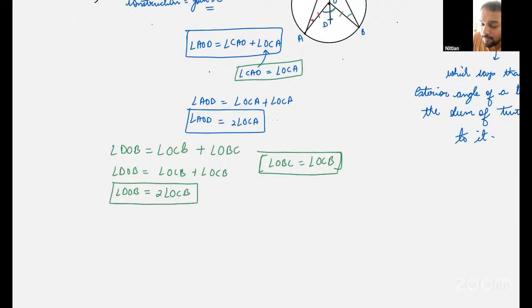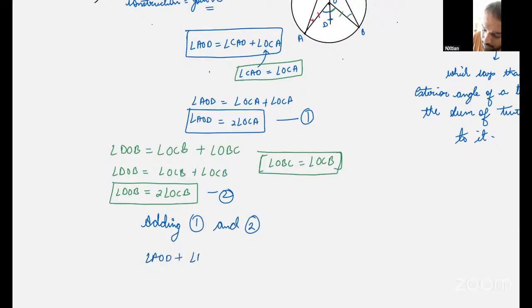Now this is one and this is second. So adding 1 and 2, angle AOD plus angle DOB is equal to twice angle OCA plus twice angle OCB.